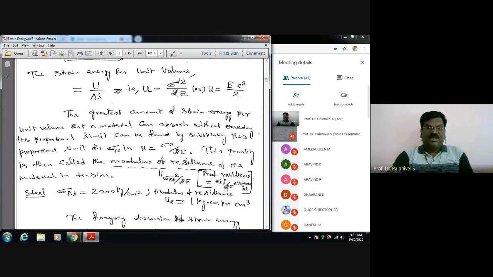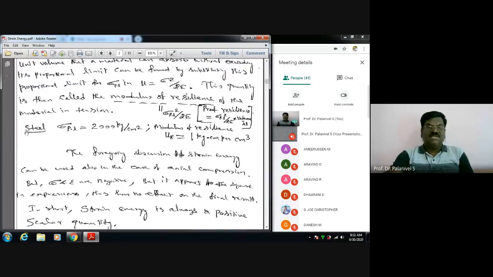Now for steel, the proportional limit is 200 Newton per mm square. Actually, I prepared these notes by referring to Elements of Strength of Materials by Timoshenko and Young. I think these notes were prepared in 1993, when I was teaching Elements of Strength of Materials.